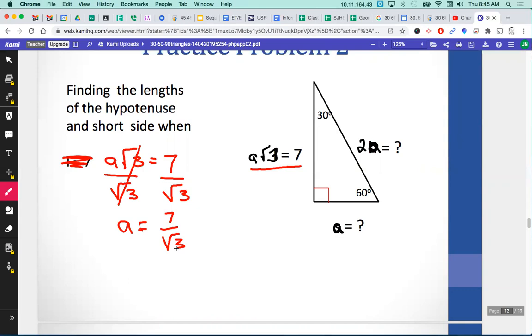So we want that radical to be in a numerator. So what we're going to do is something called rationalizing our denominator. We're just going to get an equivalent fraction with the radical on top. The way we do that is you multiply the top and bottom of the fraction by the radical that's in the denominator.